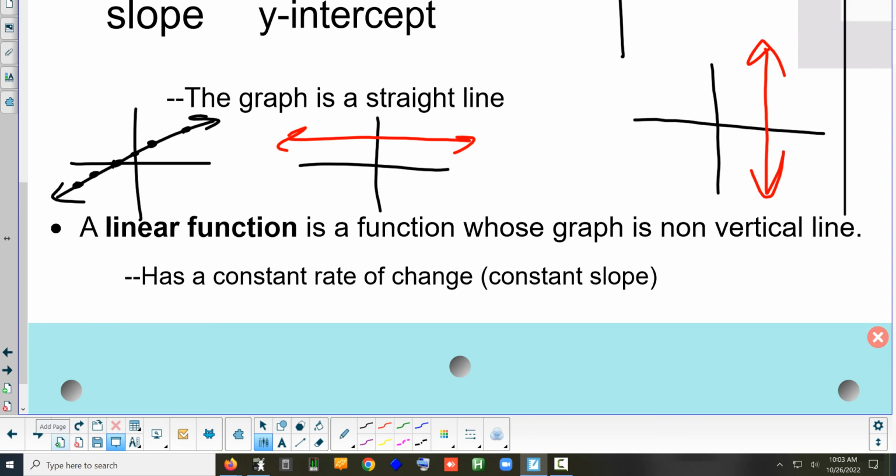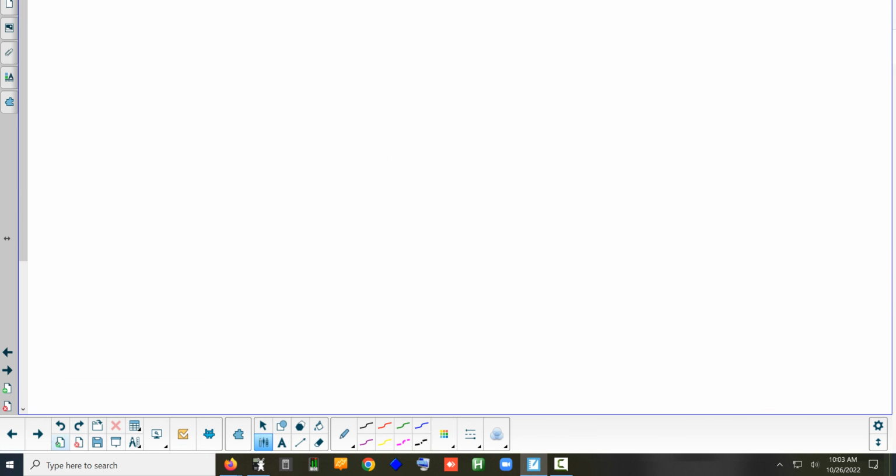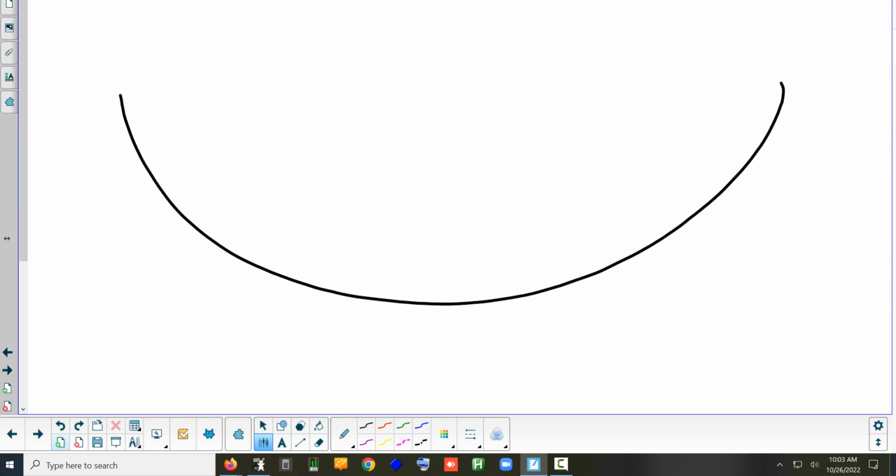Now, if you compare that to something like this, if you were standing right here, it would basically feel like it's flat. Okay? It's the bottom. If you were standing here, you would feel like you're almost going to fall downhill, right? Because it's very steep, and you'd feel like you're going to fall down to the right.